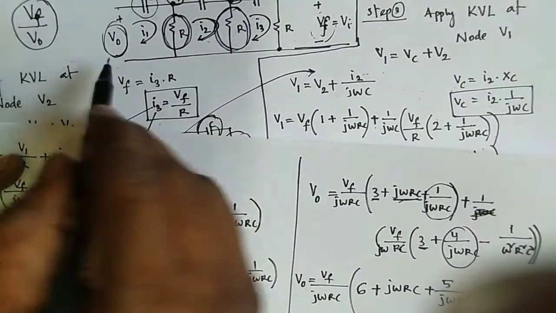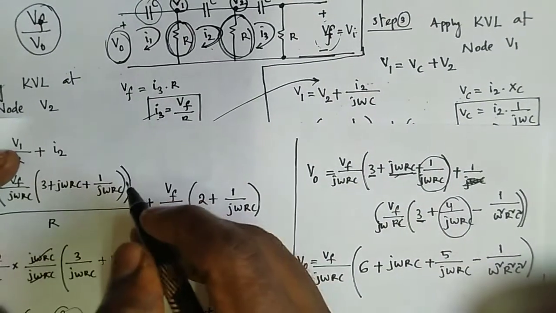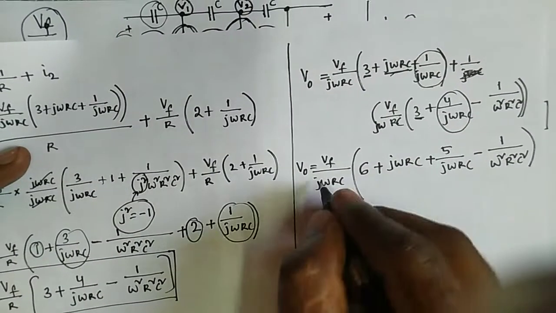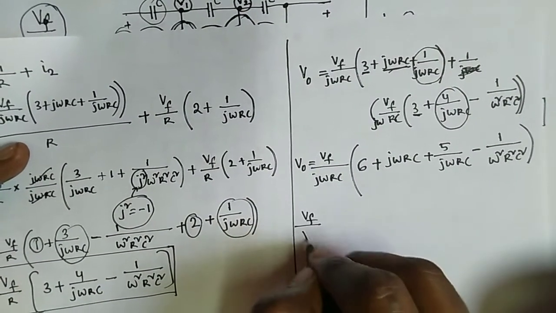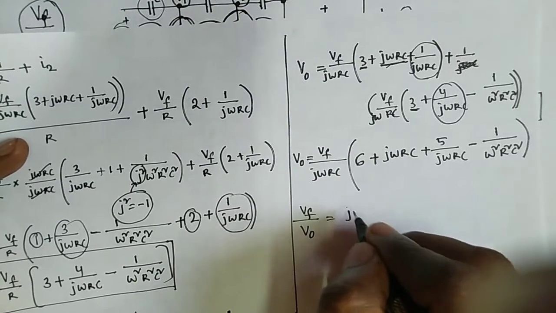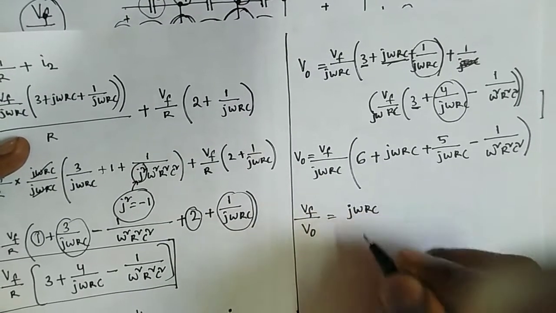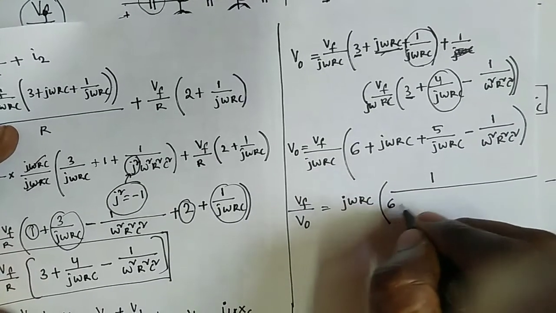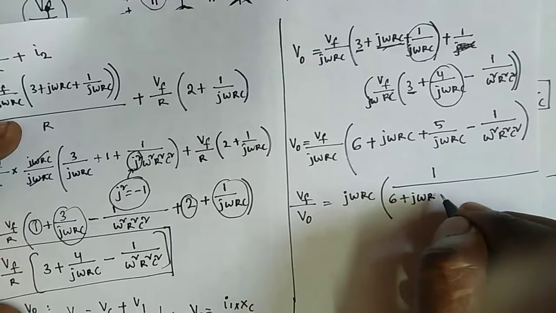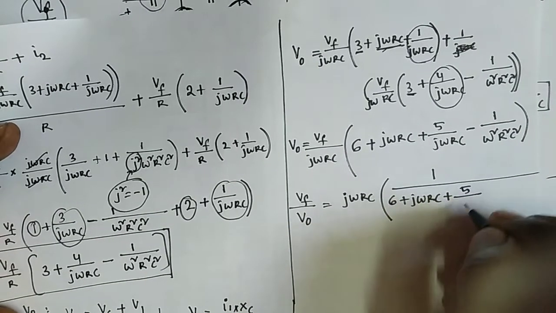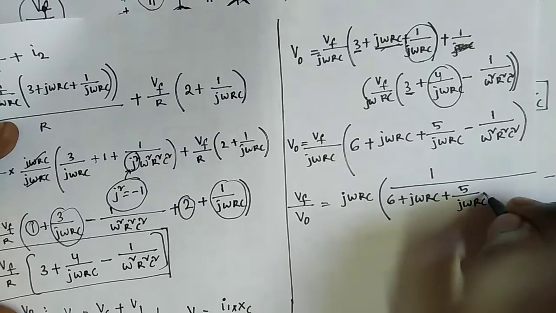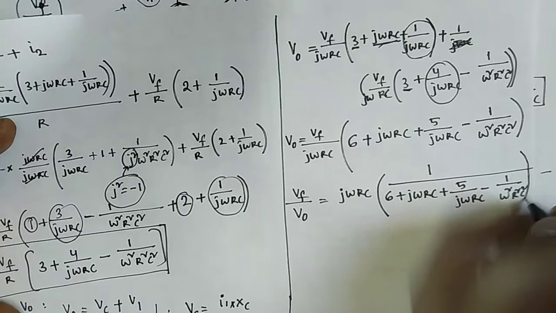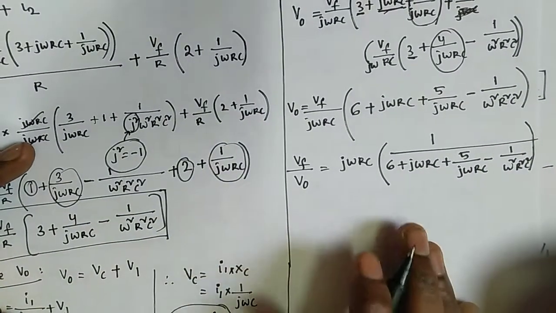Now in the entire function we have to calculate Vf by V0. This function is Vf by V0 is equal to j omega Rc into 1 by 6 plus j omega Rc plus 5 by j omega Rc minus 1 by omega square R square c square. This is the actual function for this case.